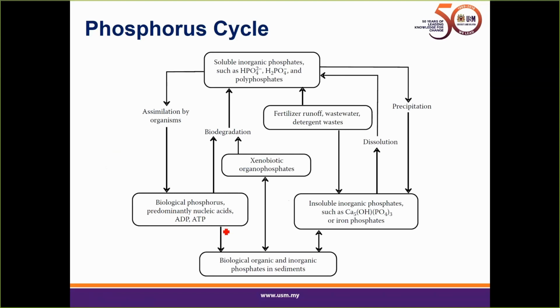And when organisms die or produce waste, it will produce biological, organic and inorganic phosphate in sediment. And then it can reproduce the insoluble inorganic phosphate. So fertilizers and also xenobiotic organic phosphate can contribute to phosphate in the phosphorus cycle.